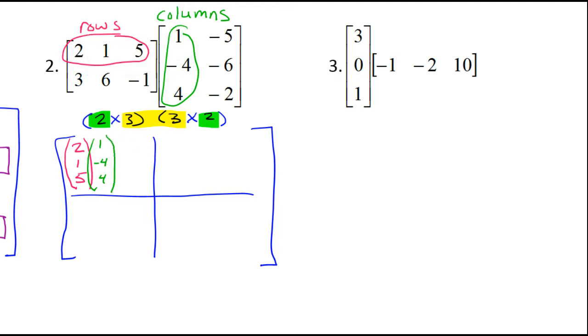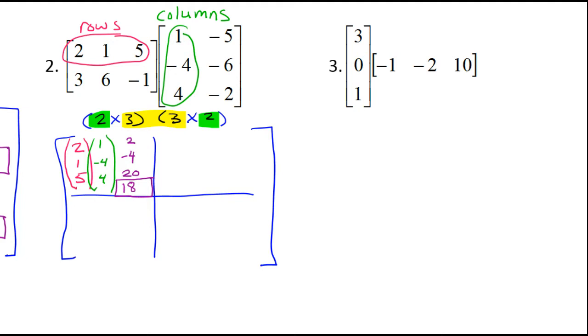If I multiply these together, I'm going to get 2, -4, and 20. Now I need to add these all up. Let's see, that would be 16 plus 2, that's 18. Alright, that's the first entry.